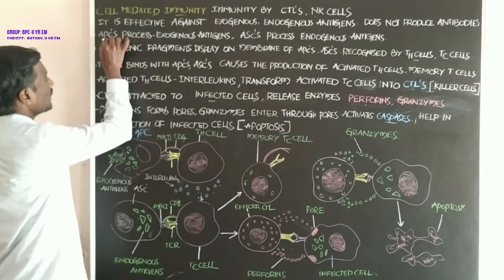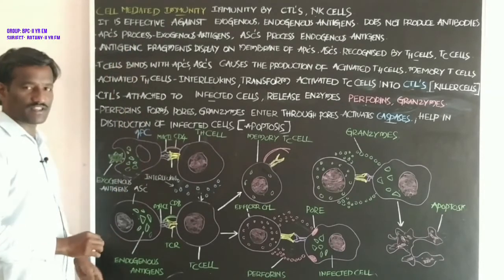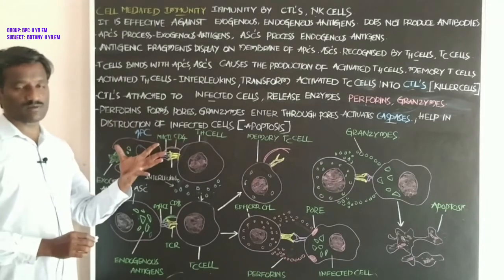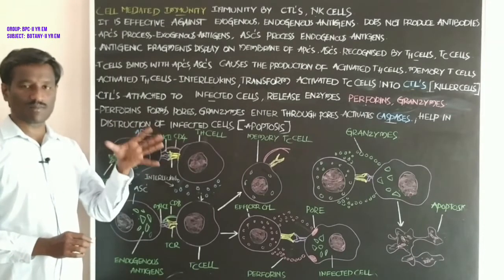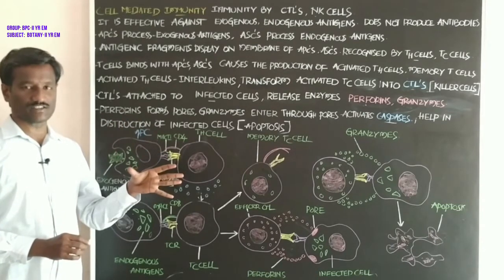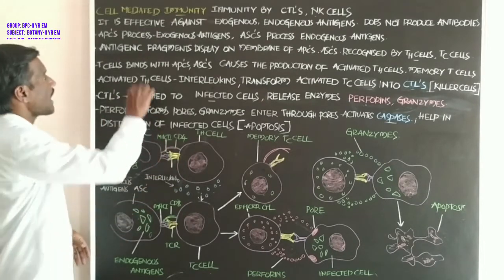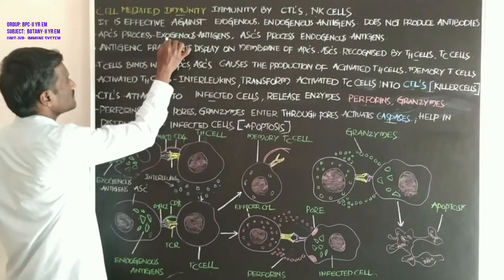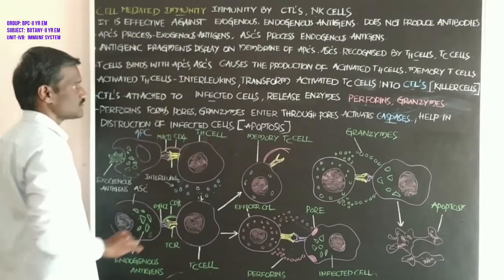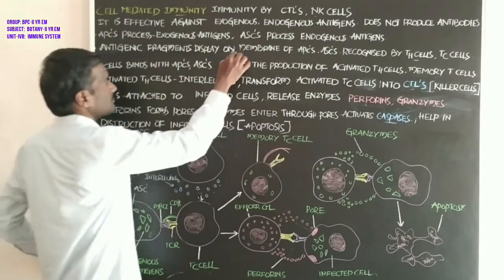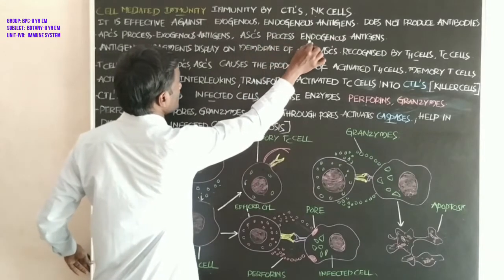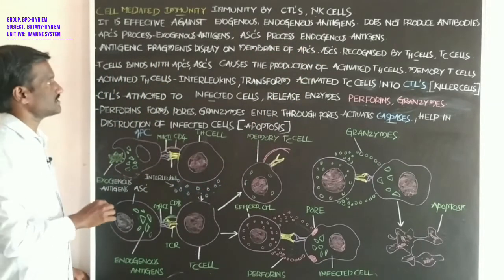Next, APCs, antigen presenting cells. Which are the antigen presenting cells? B lymphocytes, macrophages, dendritic cells. Antigen presenting cells process exogenous antigens, and altered self cells process endogenous antigens.